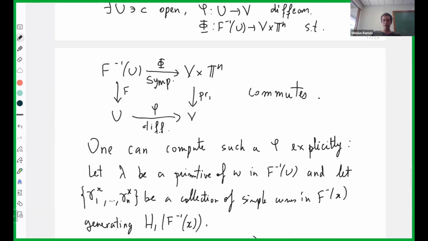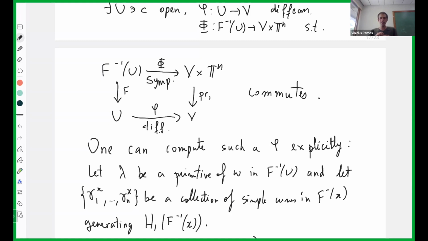So we choose a primitive for omega in the pre-image of U by F. And then for each point on the base, we know we have a torus upstairs. So we can choose a collection of simple curves in the torus that generate the first homology of the torus.